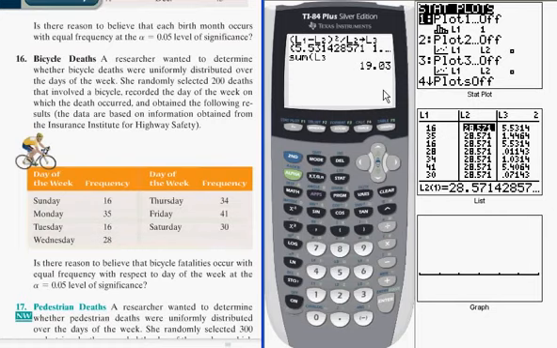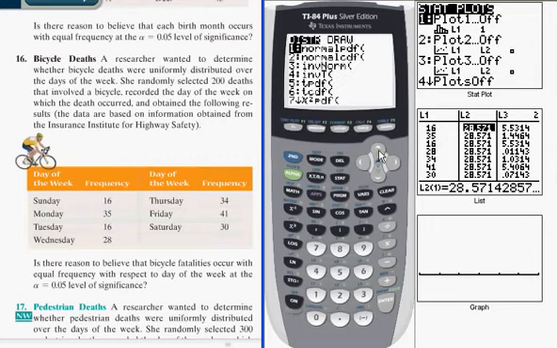19.03. Now the next step that you're going to want to do is to compute a p-value based on that result. If I go into the distribution menu, in this menu for the 84s it would be item number 8, and in the 83s I believe it's item number 7, chi-squared CDF is the function I want. This works a lot like TCDF, but chi-squared distribution tests are always right tail tests, so you're going to give it your test statistic.